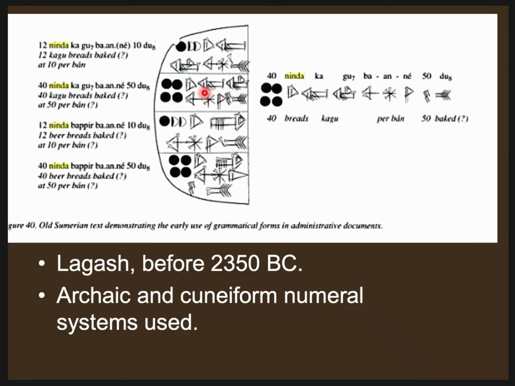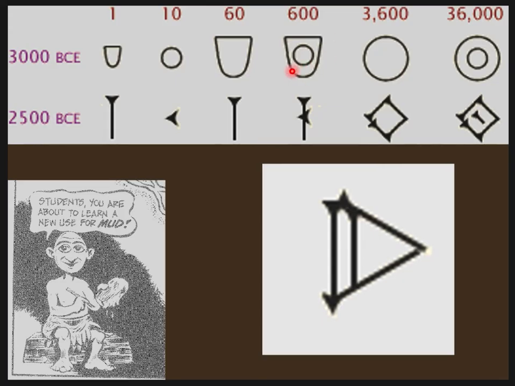Right? Okay, here you can see again the ninda, the symbol for bread, and disbursement of rations. And in this one, even though they were beginning to transition the numbers, they're using two systems, which eventually become one cuneiform system of writing the numbers.